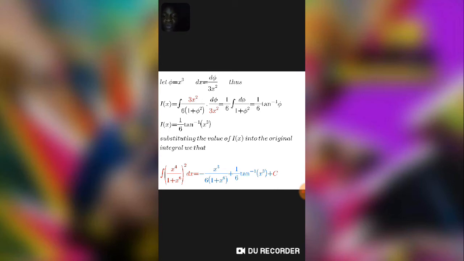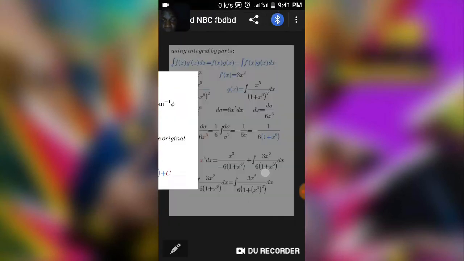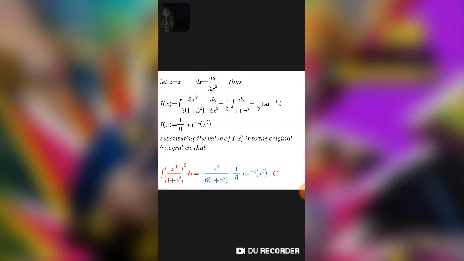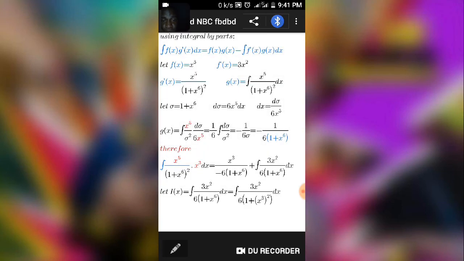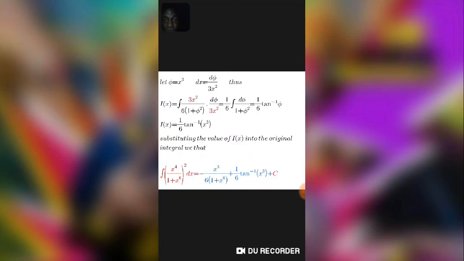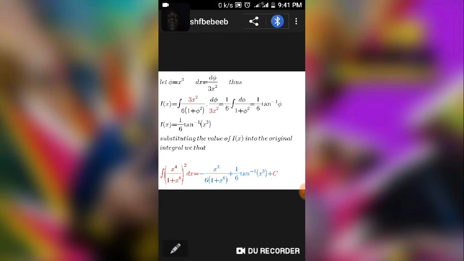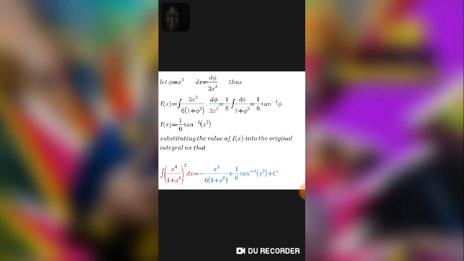So substituting that, we have this over here plus the I of x, which we found to be this one in here, and of course we don't want to forget to add plus c, because if we differentiate this, the c cancels out, but for an initial value problem, there's no need of putting the c, because you can find the c using the initial value given to you.